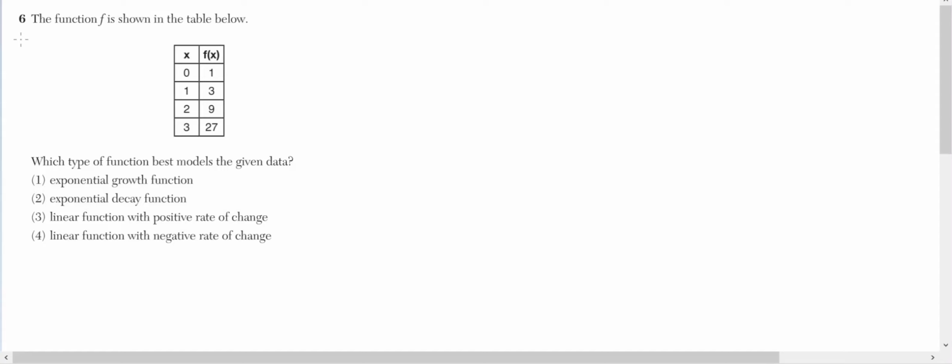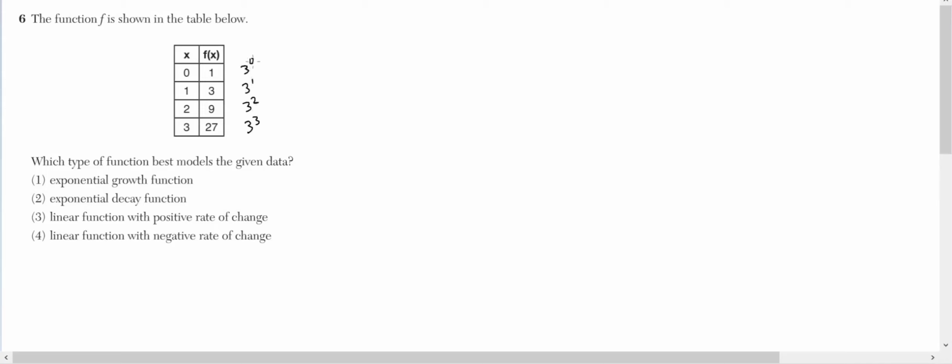So just looking at the outputs of this function, we might notice that these look to be powers of 3. So for example, 9 is 3 squared, and 27 is 3 cubed. And so going backwards, you could actually see 3 to the 1 is 3, and 3 to the 0 reduces to 1.